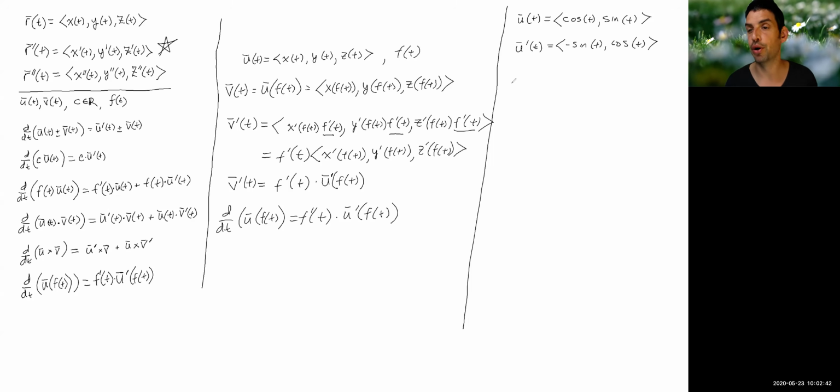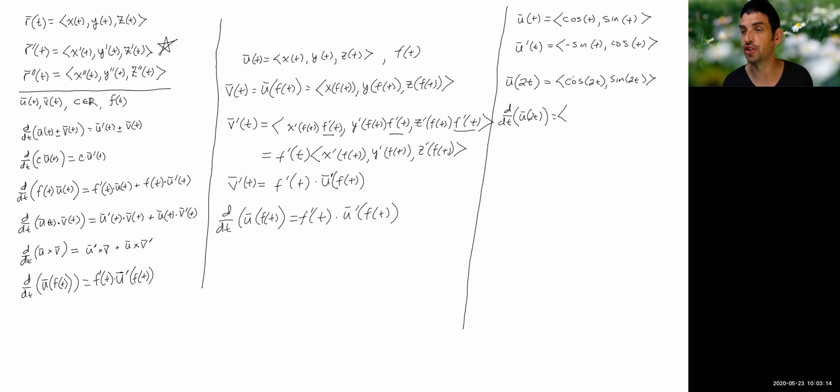But now let's try composing this with something. Let's compose it with a simple scaling function where we're composing it with u of 2t, right? So then our function looks like cosine of 2t, sine of 2t. Well, if I take the derivative of this, let's just think about what we do here. We take derivatives of each of these component functions. Each of them has a chain rule, so we're going to have to multiply by 2.